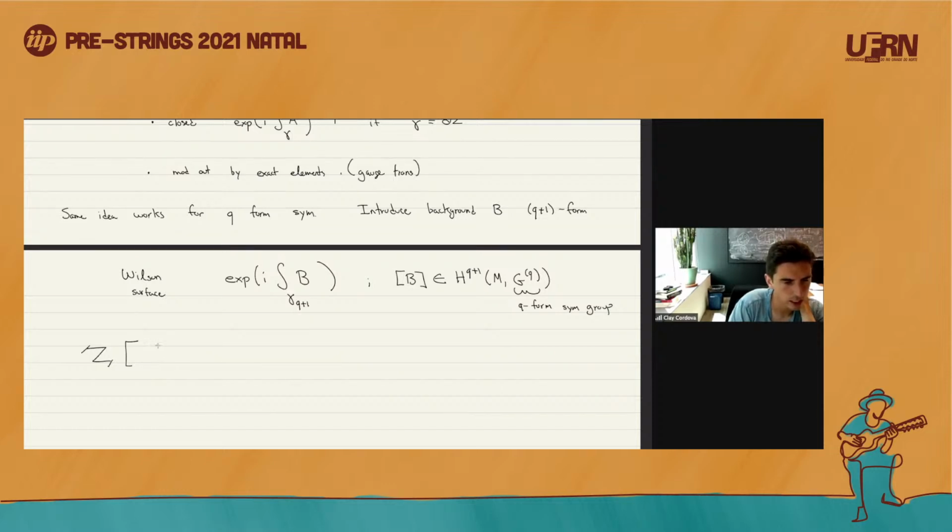In this case, it will depend on, say, B, if we had a theory with some Q-form global symmetry. Okay, maybe ask me questions about the general formalism, and then I'll start doing some examples.